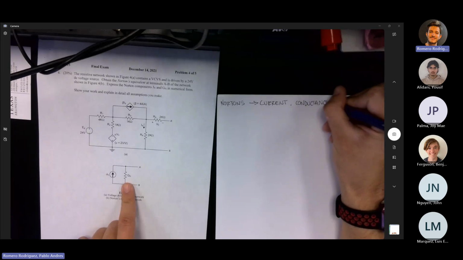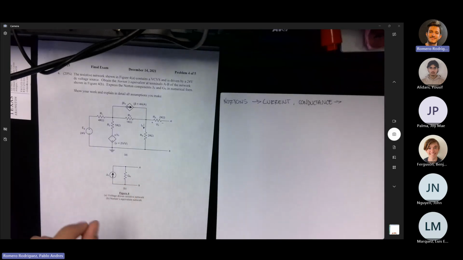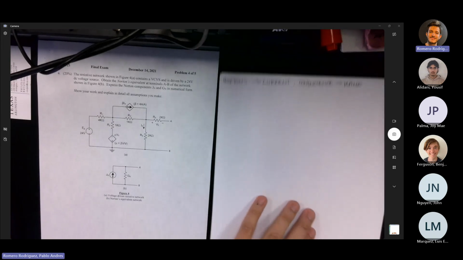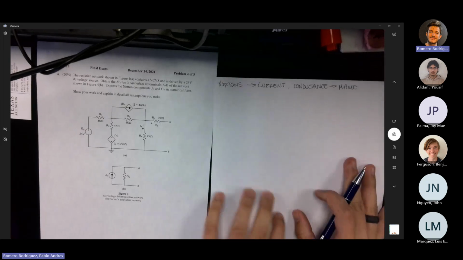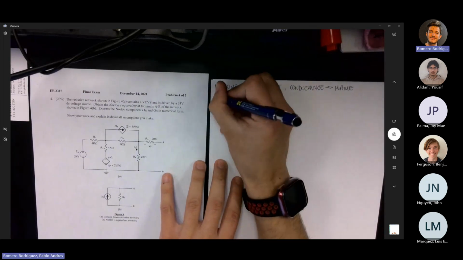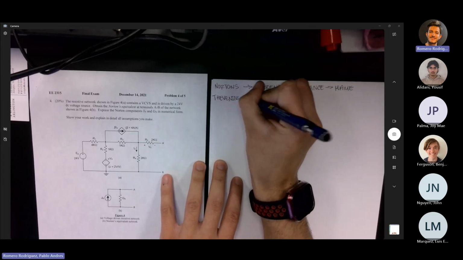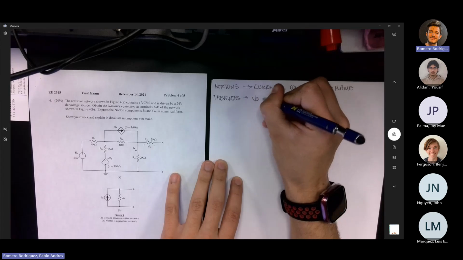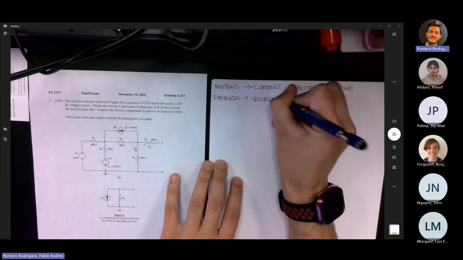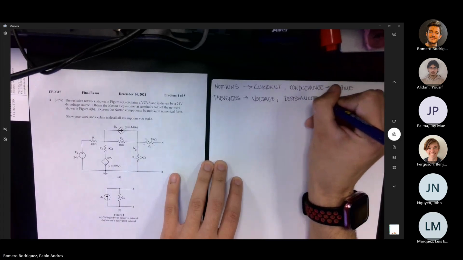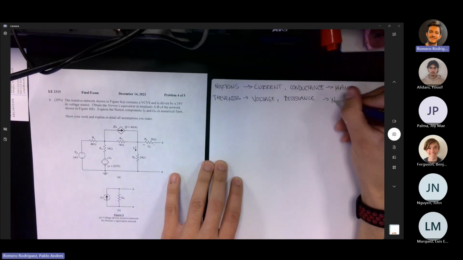I was thinking about what method I wanted to use. So I believe this is mesh, right? Because mesh gives you currents with respect to voltages. And then Thevenin's gives you, well, you're gonna need a voltage and a resistance. So you're gonna need to use nodal.